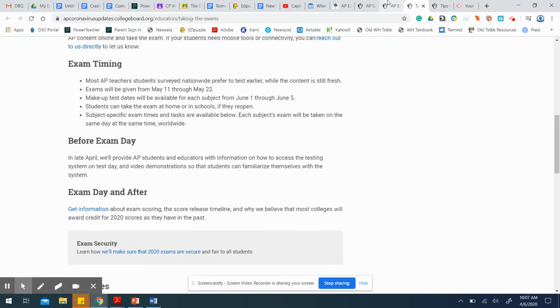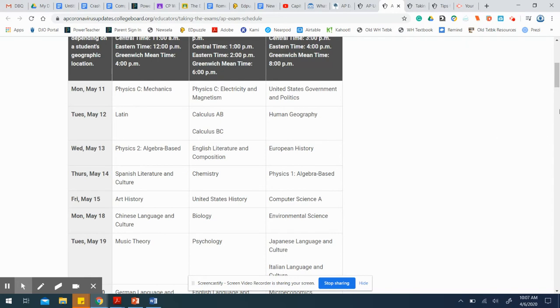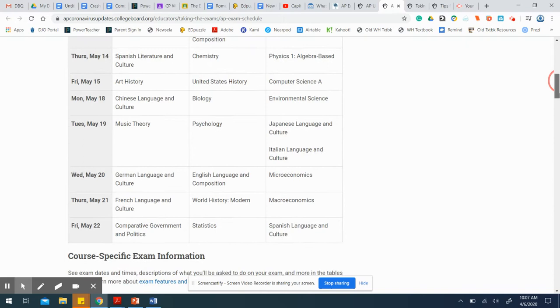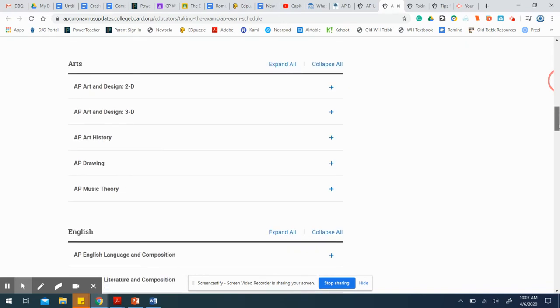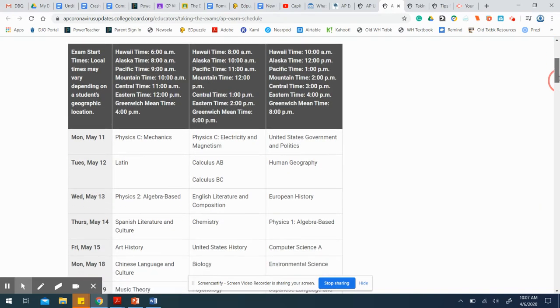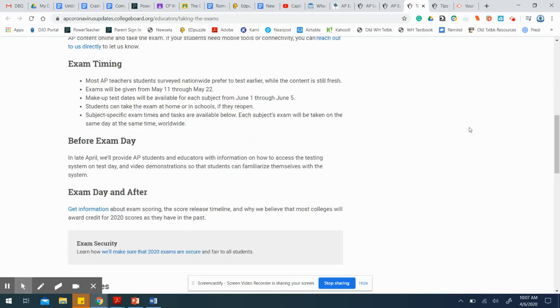There's a series of things you need to do in order to take it at the later date. This is not something that you can just pick to take at the later date. You do have to get approved for it. And if you have extended time, that will still be used and met. Any accommodation that you have will still be met with the new AP exam.